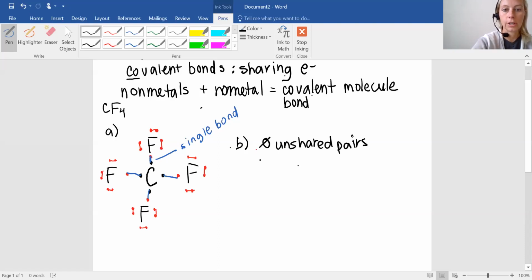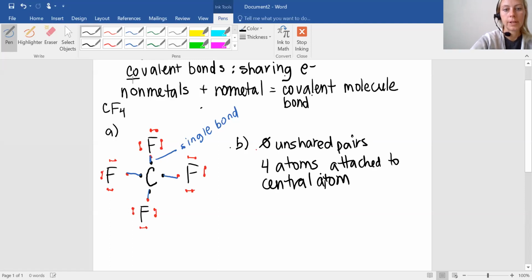And there are actually 4 atoms attached to the central atom. Right? We have 1 fluorine, 2 fluorine, 3 fluorine, 4 fluorine. We have 4 fluorines attached to it. Well, let's make sure that my Lewis dot structure is actually correct.